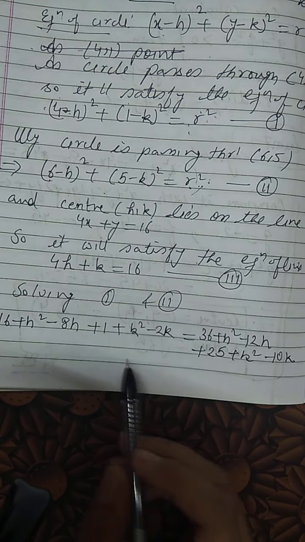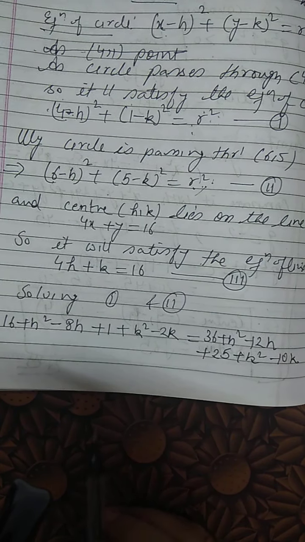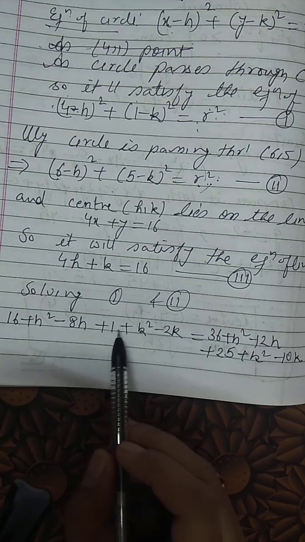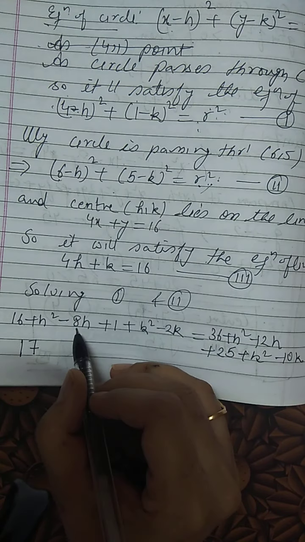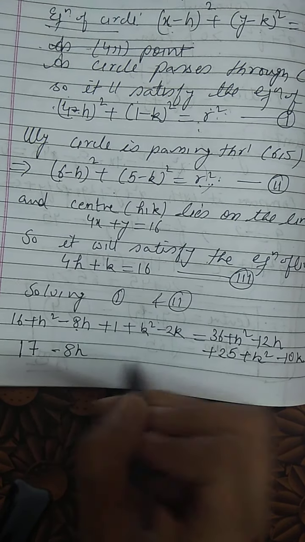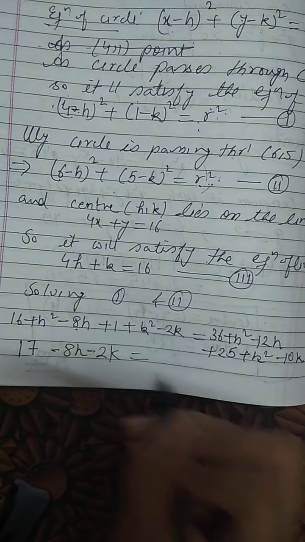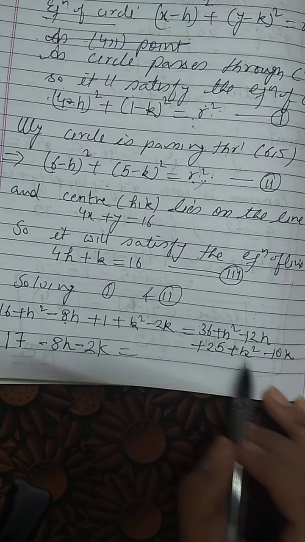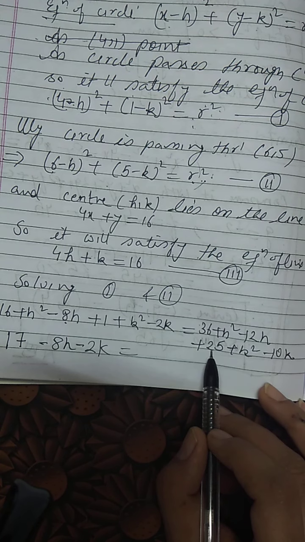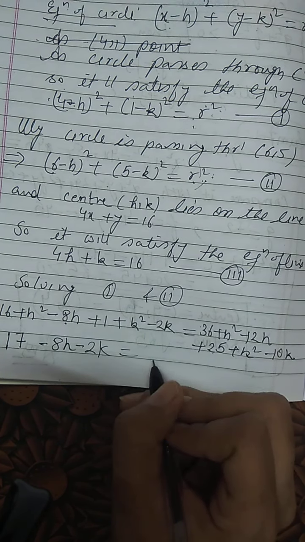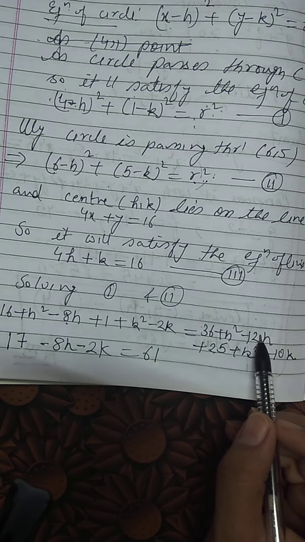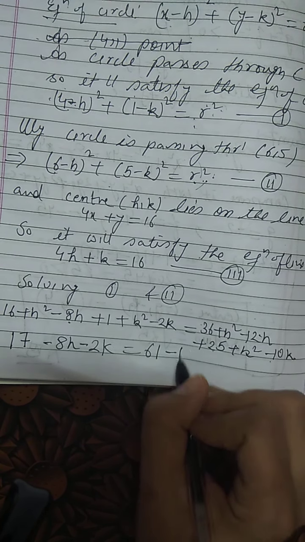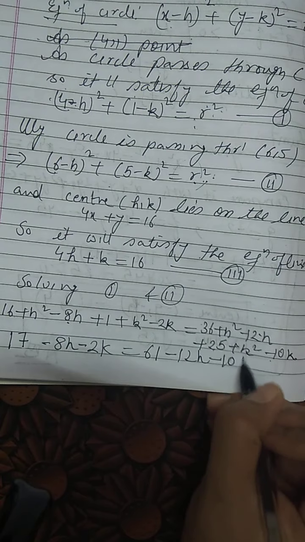Now from both the sides h square and k square terms will get cancelled, and we have 16 plus 1, 17. So in the left hand side we have 17 minus 8h minus 2k equals, right hand side we have 36 plus 25, so it will be 61 minus 12h minus 10k.